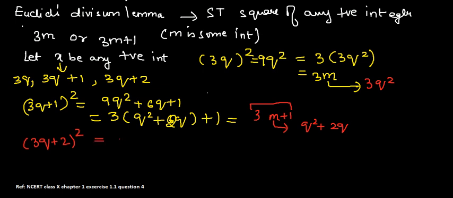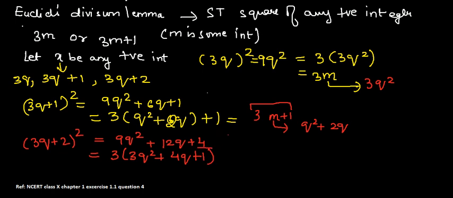Now similarly you can also prove for 3q plus 2 whole square. When you open that up, you would get 9q square plus 12q plus 4, which would equal, again taking 3 out common, 3 into 3q square plus 4q, plus 1.